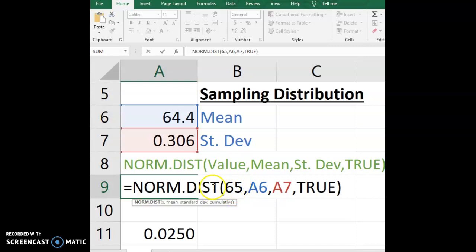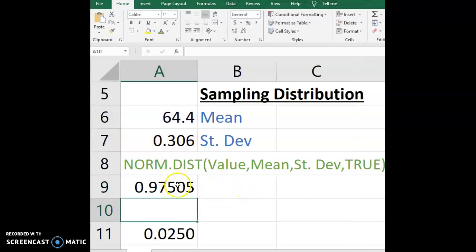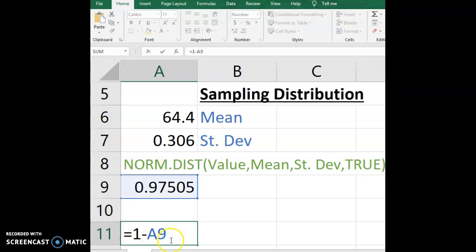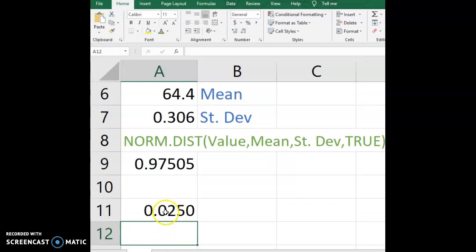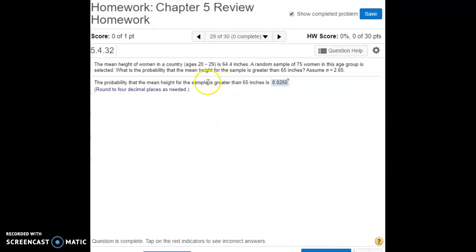Remember that Excel always returns the left-hand probability, the less than probability. So if this is the probability of having a mean of 65 inches or less, then 1 minus that is the probability of having a mean of 65 inches or more. And we're looking for the greater than, the more than 65, so that is our final solution.